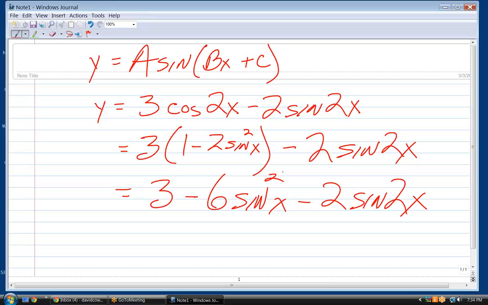If I were to write sine of 2x as 2 sine cosine, it would be 2 sine x cosine x.